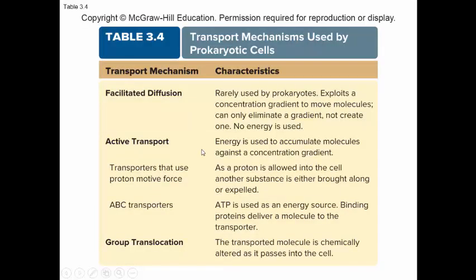Now, we have to deal with types of transport mechanisms. We're going to have facilitated diffusion, which you probably are familiar with if you remember your AP1. Although it's rarely used in prokaryotes, basically facilitated diffusion takes advantage of a concentration gradient. So you have one side is high concentration, one side is low.